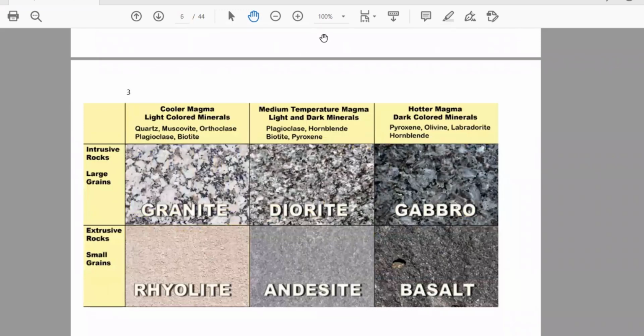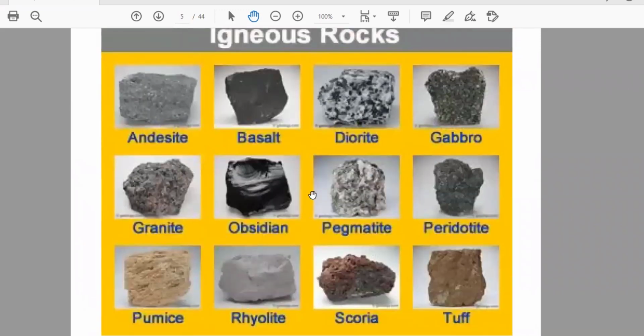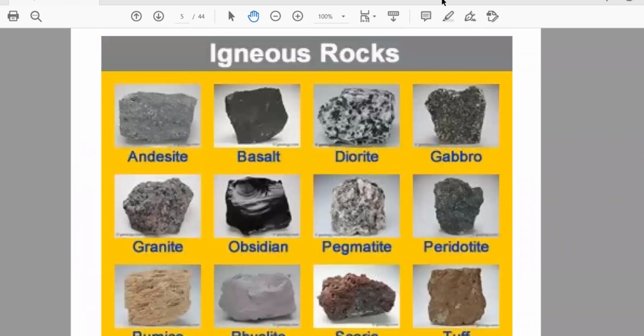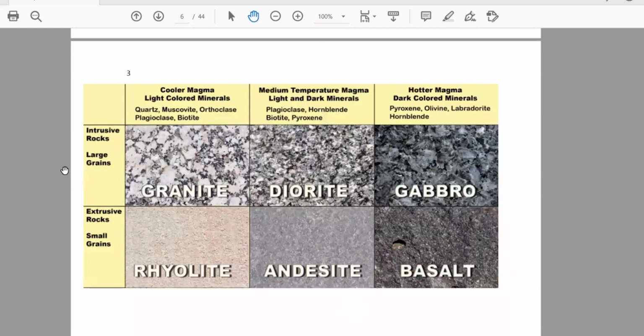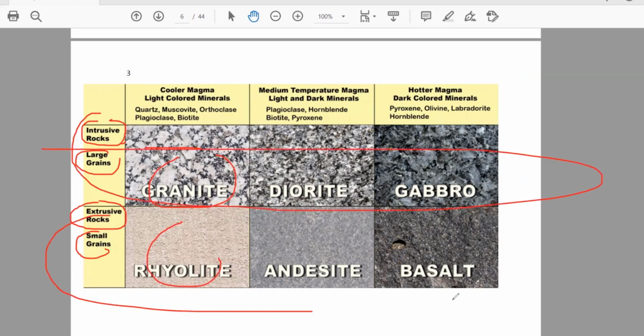Here again, it is total igneous rock without the division of extrusive or intrusive. Here they are differentiated into intrusive and extrusive. Here are the large grains in intrusive, and here small grains in extrusive. These are the examples: for intrusive, you have all these three; for extrusive, you have all these three.